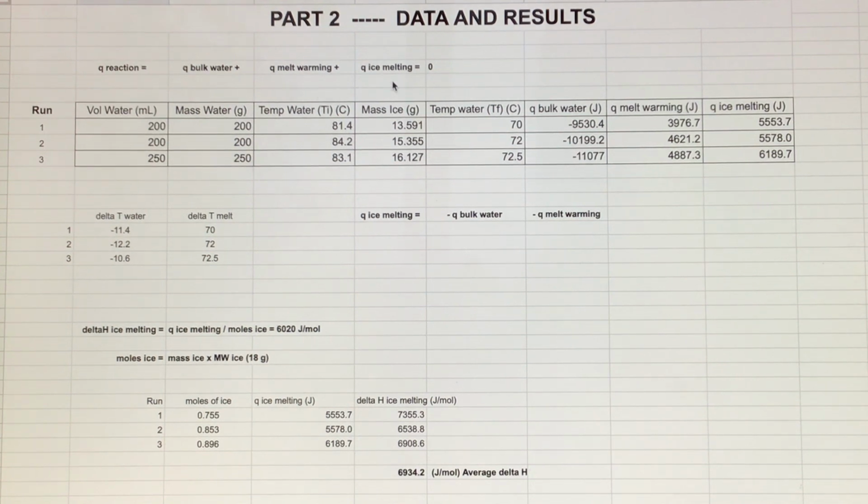However, I know that in the instant that the ice is melting, the water that it's just melted must be 0 degrees, okay? Maybe 0.2 degrees Celsius, but it's still approximately 0 degrees. So my initial temperature for the melt will be 0 degrees.